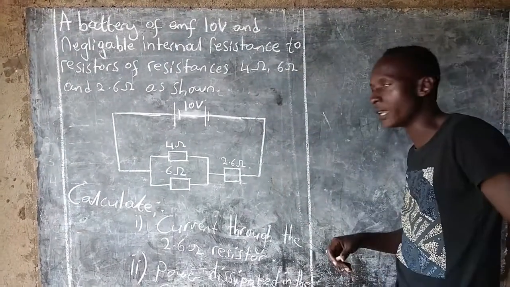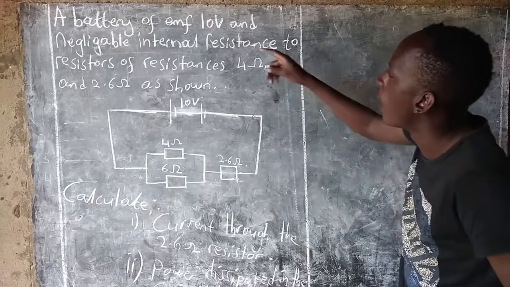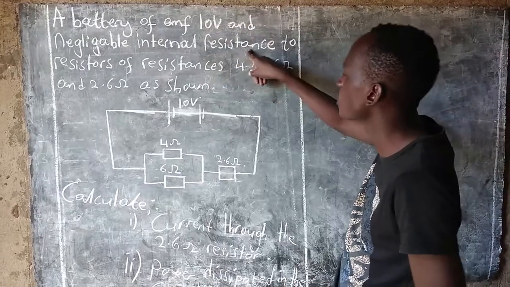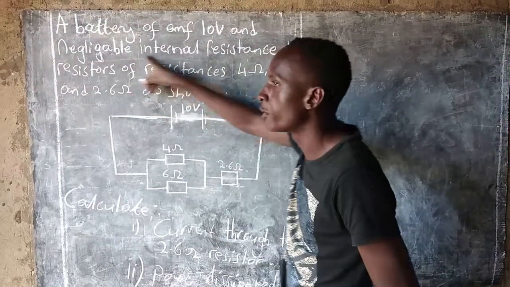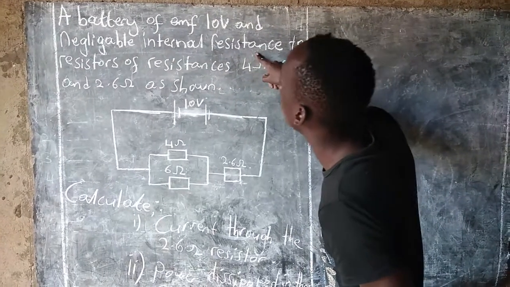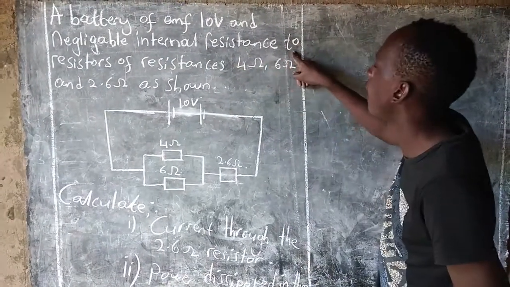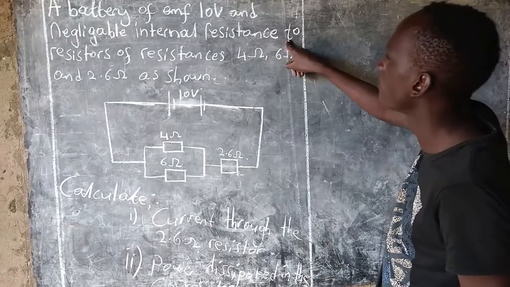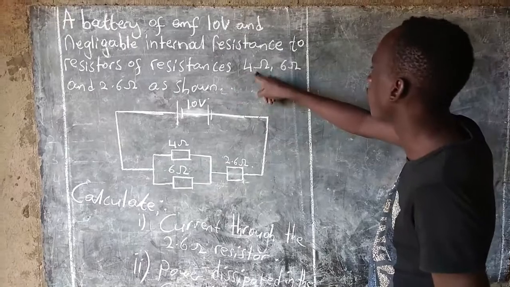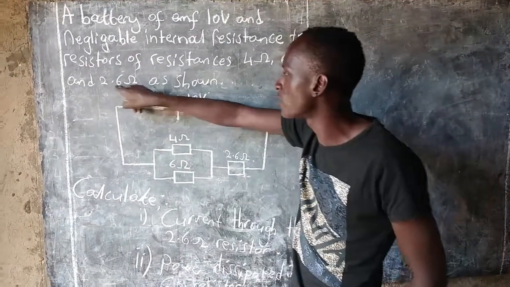They are saying that a battery of EMF 10 volts and negligible internal resistance. Now, this one is important: negligible internal resistance. It is connected to resistors of resistances 4 ohms, 6 ohms, then 2.6 ohms as shown.